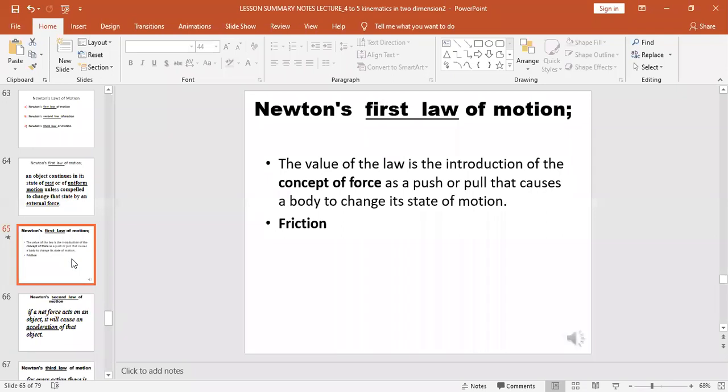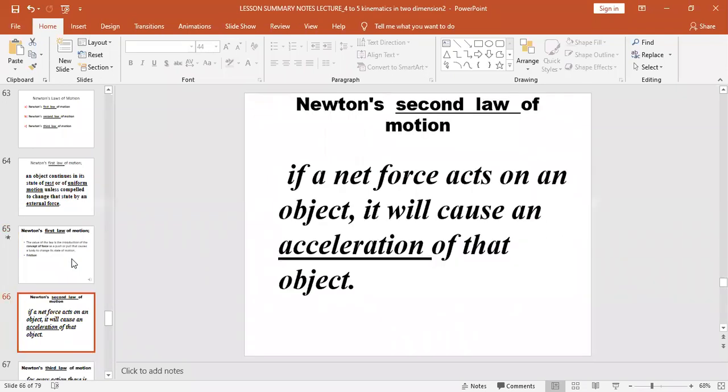Now, the next point is Newton's second law, which says that if a net force acts on a body, it will cause an acceleration of that object. If a net force acts on a system, then it will cause an acceleration of the system.